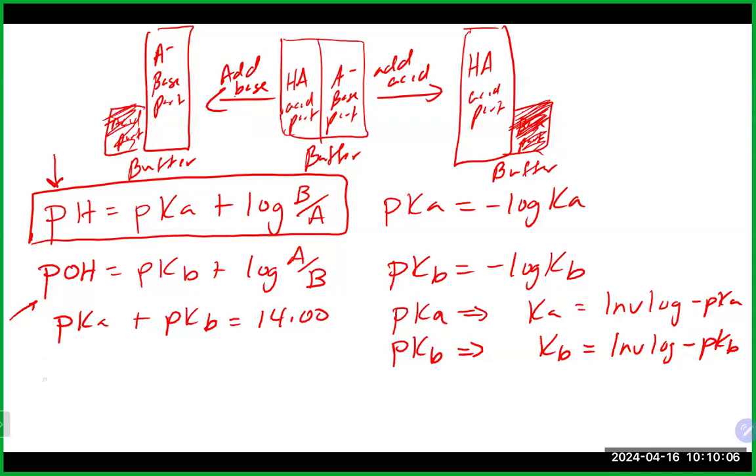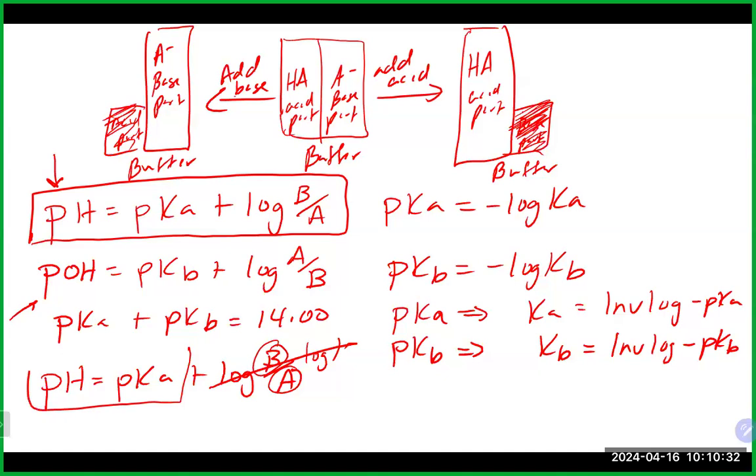Lastly, we talked about how we can use the Henderson-Hasselbalch equation to help us pick what might be a good thing to make a buffer out of. A lot of times you want a pretty good amount of both the base and acid parts of the buffer. If we make equal amounts of both, that's going to give us the log of 1, and that's basically 0.